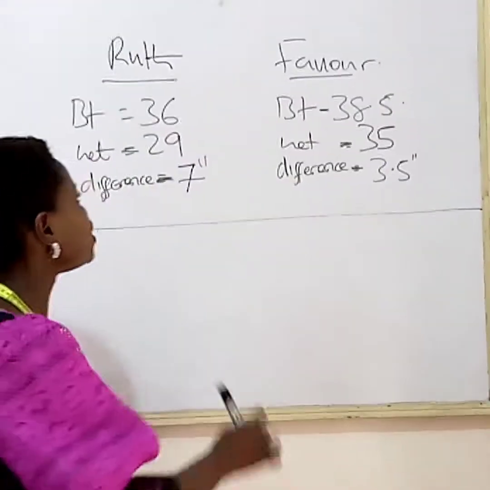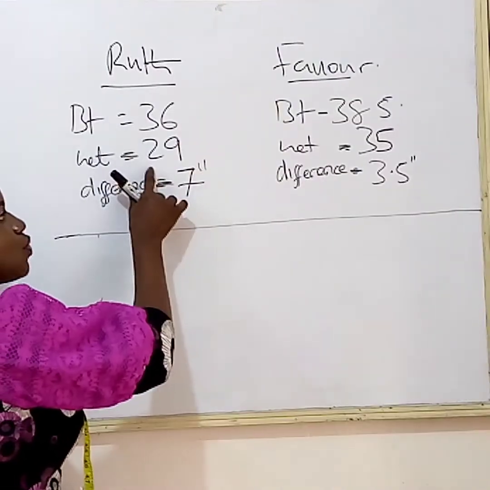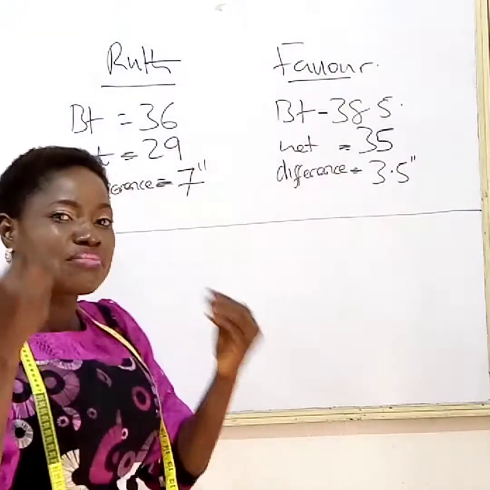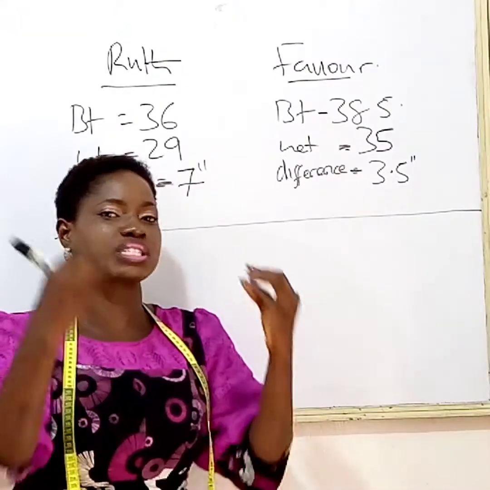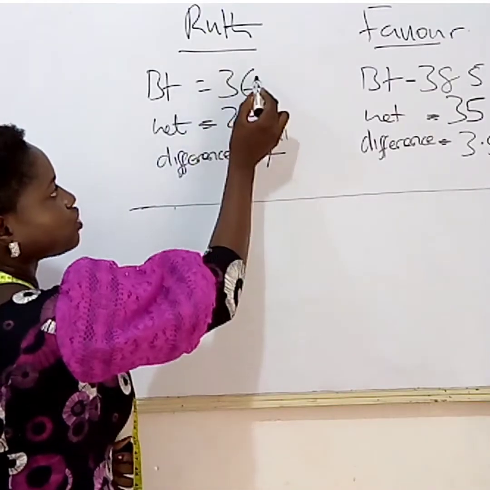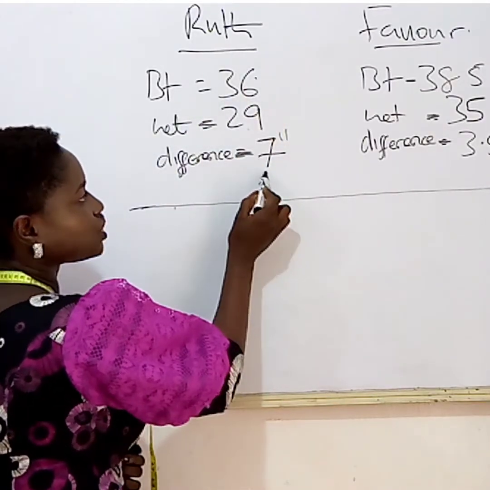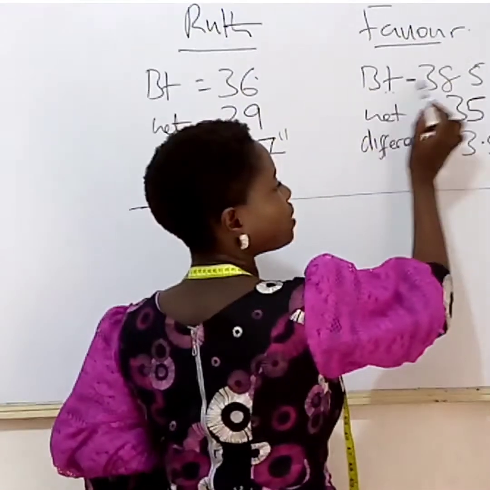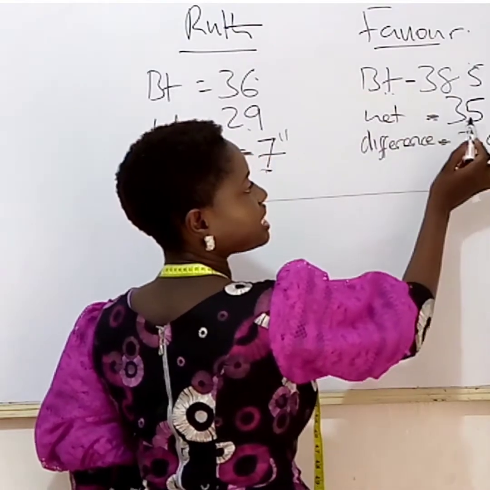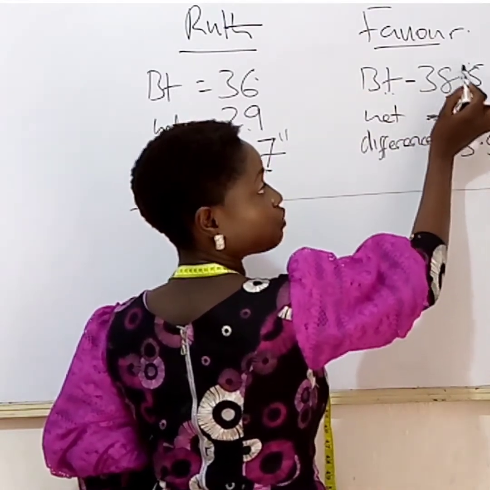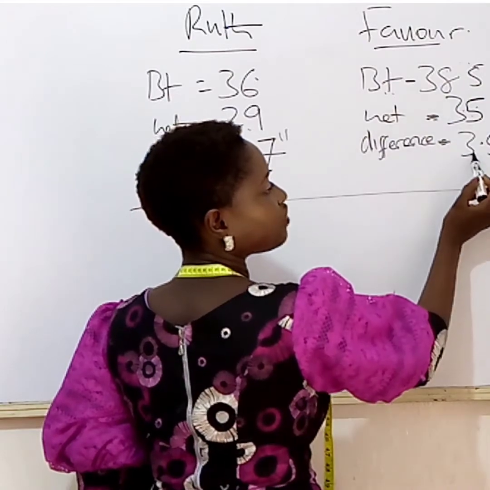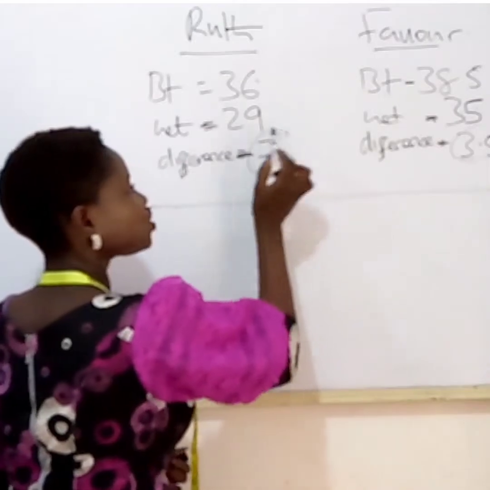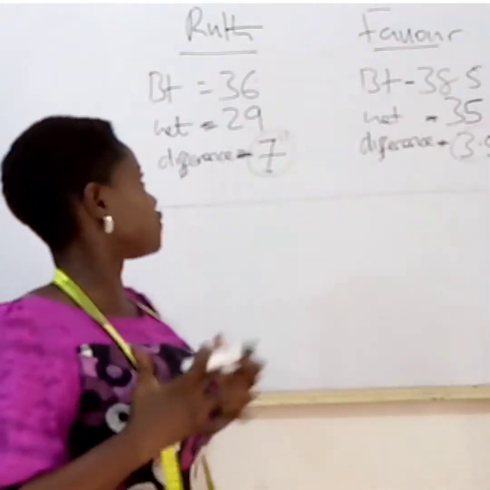But no, it is when we now compare this measurement with the waist measurement of each person that we'll determine how full the person's bust is. Looking at this now, the difference between this bust and waist is 7 inches. 36 minus 28 will give us 7 inches. Whereas this person's bust is 38.5 while the waist is 35. So 38.5 minus 35 now will give us 3.5. So this has a smaller difference than this, which suggests that this person's bust is fuller.